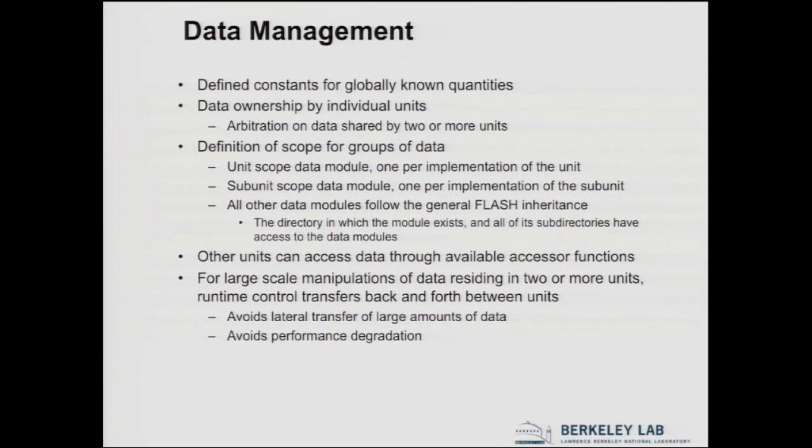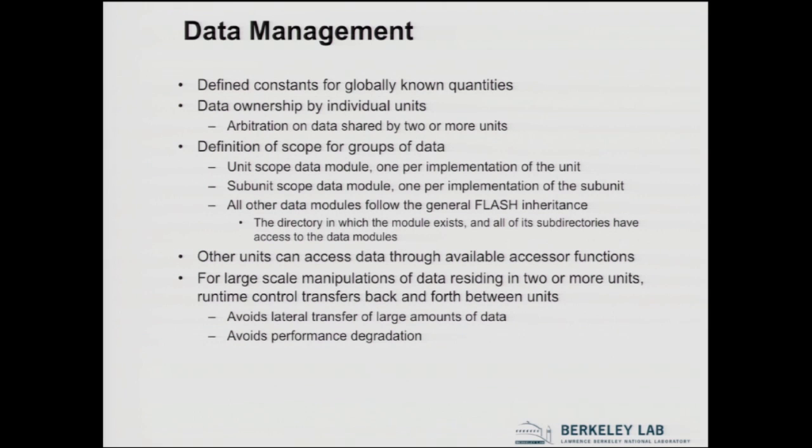All of the other data modules follow the general Flash inheritance. Flash's object-oriented framework is basically the Unix directory structure and the combination of the config script and the setup tool which implement the architecture. So the inheritance is that a subdirectory inherits all of the functions that exist in the parent directory, but if there is a file with the same name in the subdirectory, that replaces the file in the parent directory.